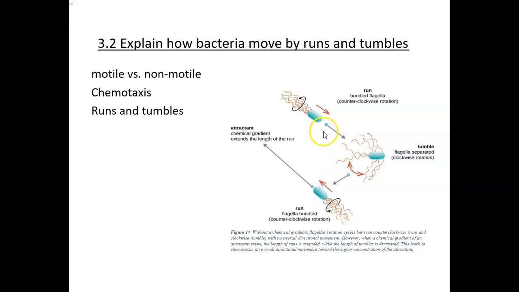So bacteria, or most cells in general, have things that we call chemoreceptors. These would be receptors in the membranes of the bacterial cell that can detect certain chemicals. And so some of those chemicals could be food.